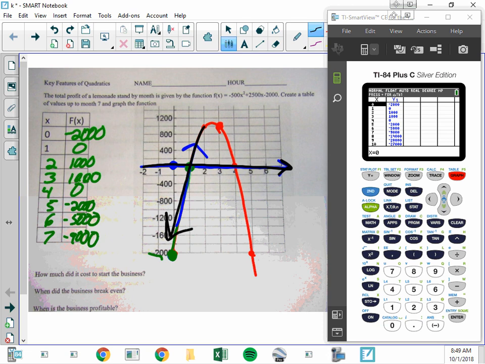So can you pick a section of the graph that is going up to the right? And the answer is, it's this piece right here. Okay? Which x values make the graph go up?